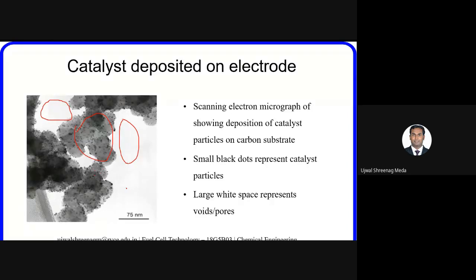On top of such a substrate material, the active catalyst material such as platinum is deposited. So the black dots on the surface of a substrate can be seen in the picture. And look at the magnitude, it is in the order of nanometers, and it is highly porous. A lot of pores can be seen, the void spaces in between. And this is how a typical electrode with a substrate material and a catalyst deposited on it looks.